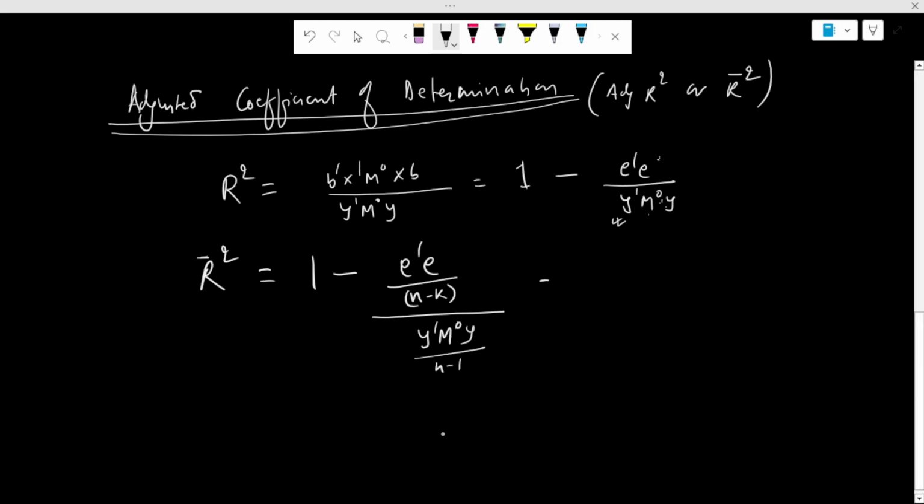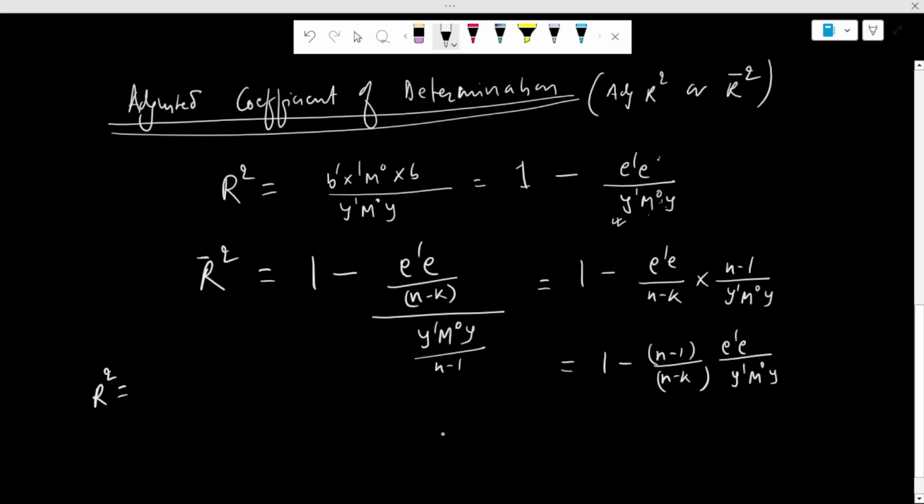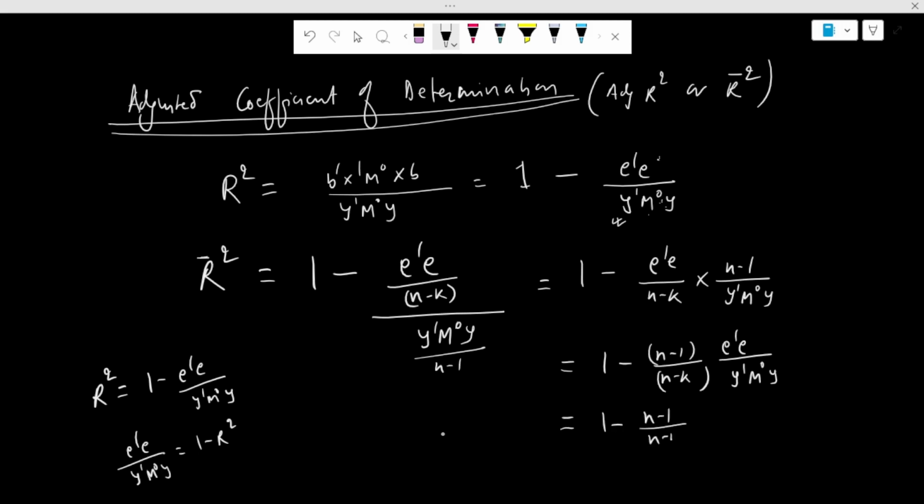And if we operate it, this is equal to 1 minus, and let us collect the degrees of freedom on one side. From this relationship, if the coefficient of determination is equal to 1 minus E transpose E over y transpose M0 y, then E transpose E over y transpose M0 y can be written as 1 minus R square.